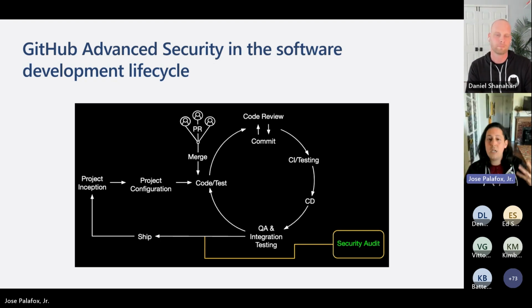So we create this idea of our project, and then we get through writing our code. And once we have our code, we want to start testing it. We've got multiple people collaborating on it with us. As we're adding code, we're doing code reviews. We're doing CI testing. We're doing deployment. So continuous integration testing, continuous deployment process. And then we have some quality assurance and integration testing that we work before we ship the tool.